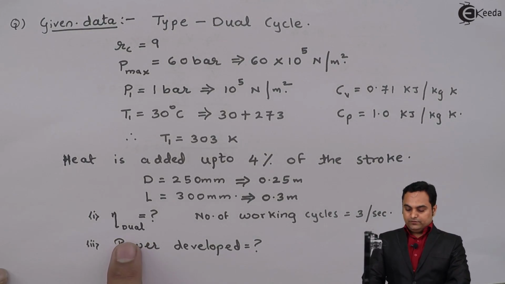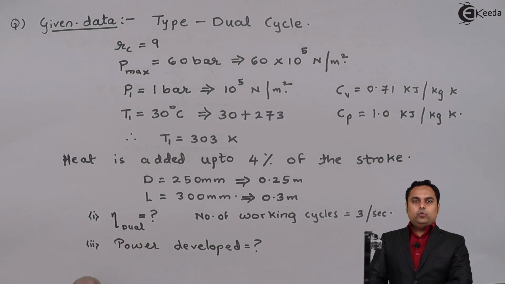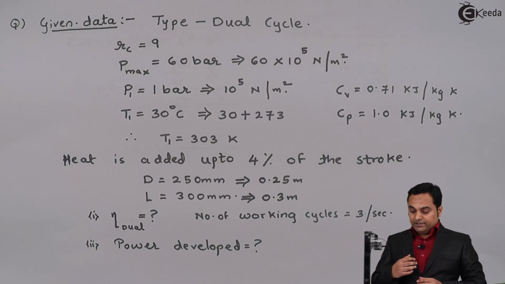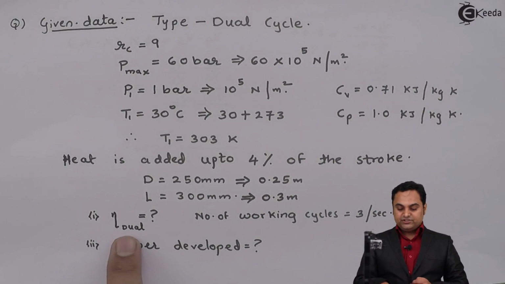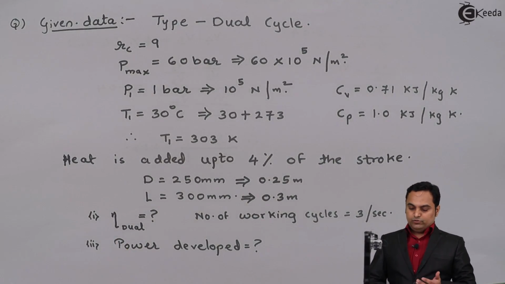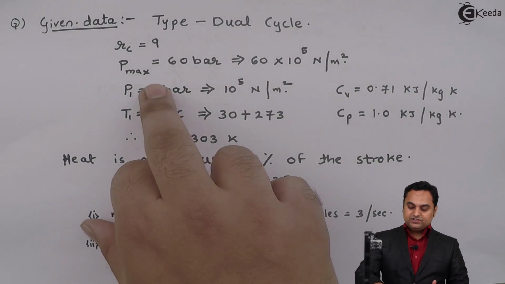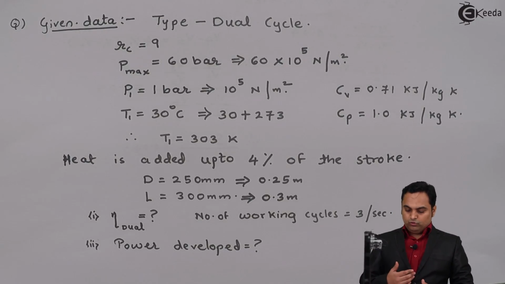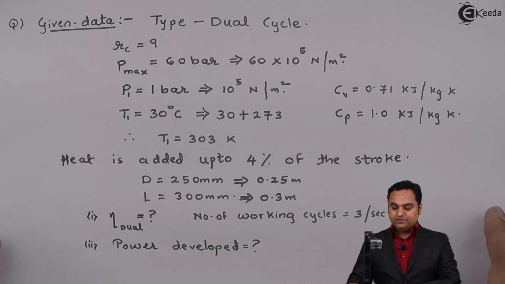In order to calculate the efficiency of dual cycle, we need to know all the values of pressures and temperatures, because without them it is difficult to calculate the efficiency. If we look into the problem, only some values of pressures and temperatures are given, the remaining values we have to calculate. So to calculate the pressures and temperatures, I'll start with the first process.